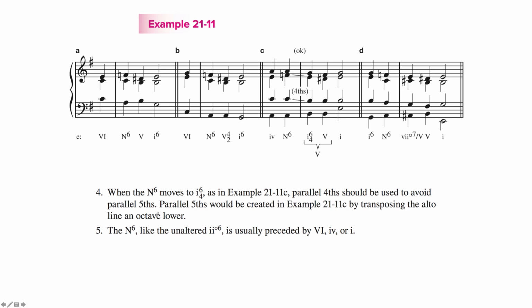So let's talk about this example. You see here parallel fourths between C and F, between tenor and alto. This is no problem at all, but if we transpose the alto part one octave lower, or tenor part one octave higher, then you will see this time we would have parallel fifths.